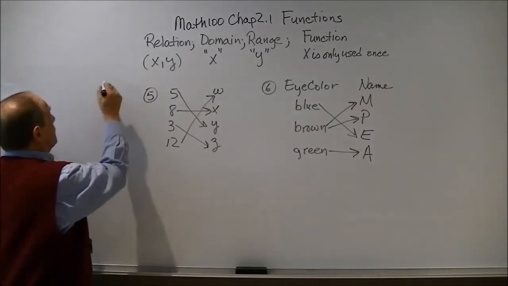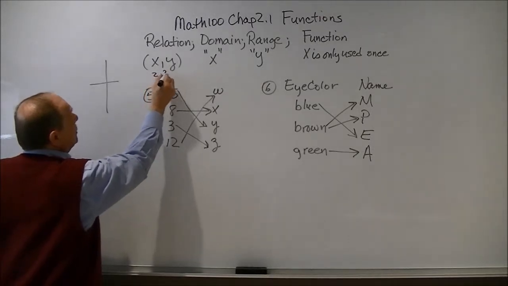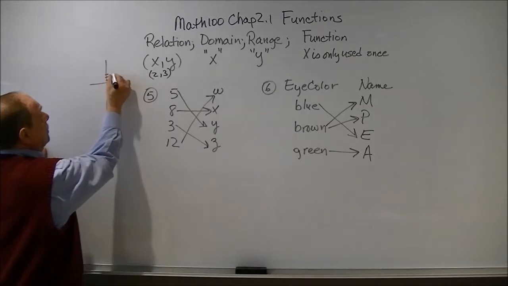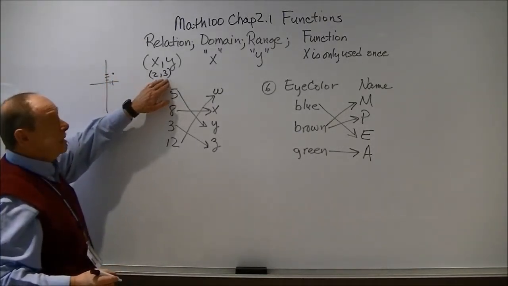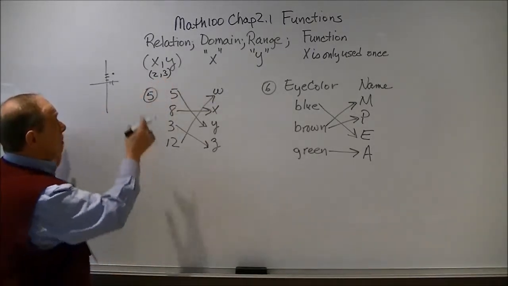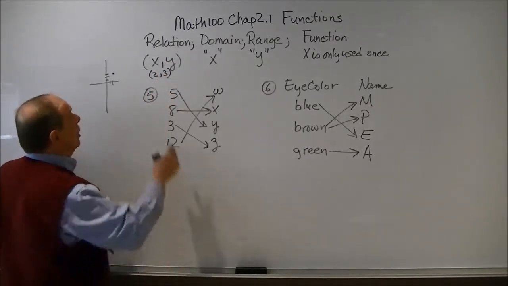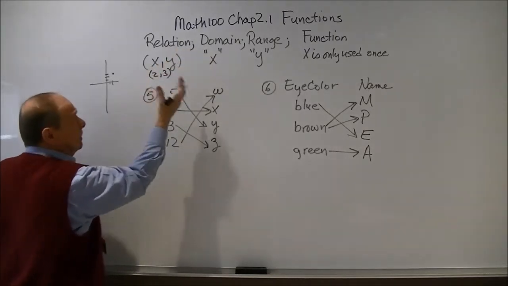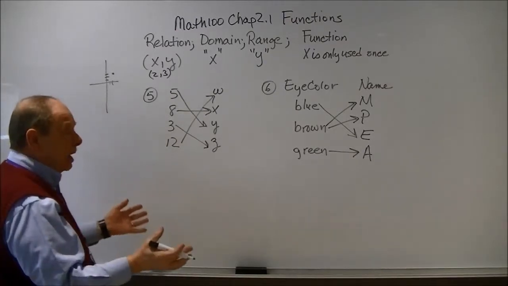So for instance, if we were plotting something and our ordered pair was 2, 3, we would go 2 over, up 3, and that dot would be represented by this ordered pair, 2, 3. So the numbers 2 and 3 make up what we call a relation. The ordered pair is very typical of what a relation is. It's numbers that are somehow connected.